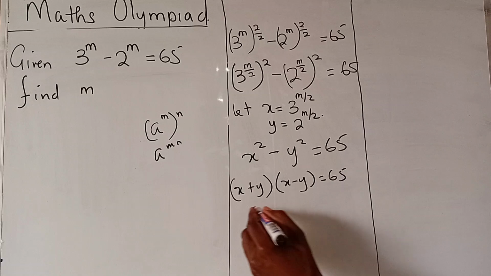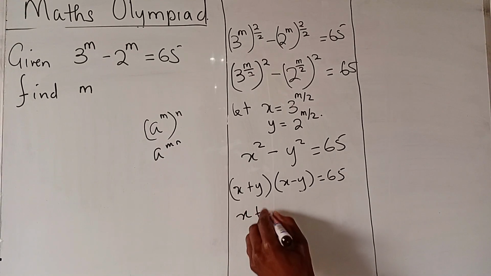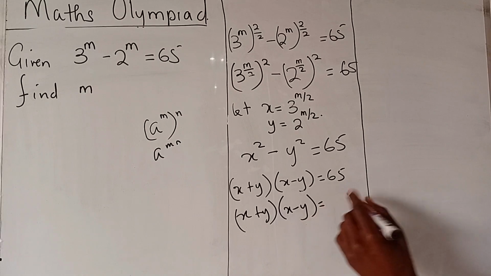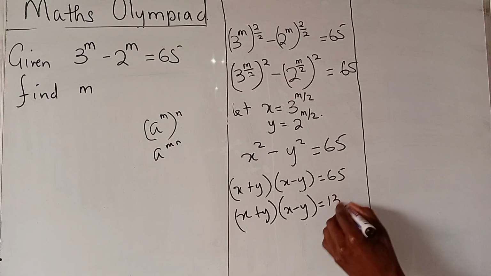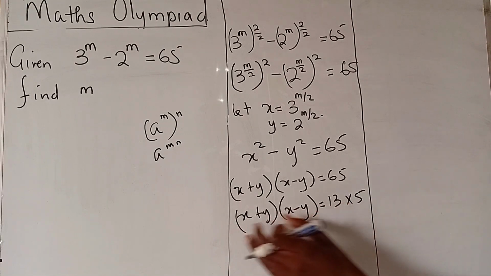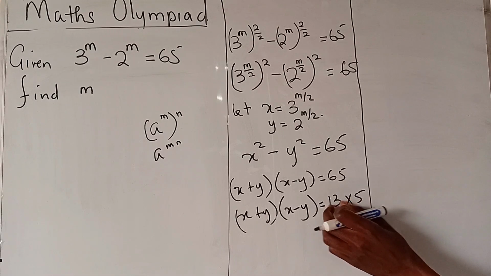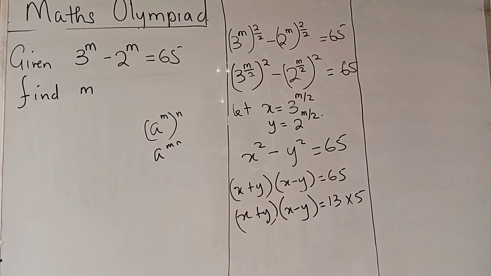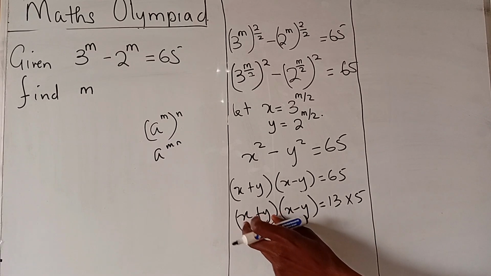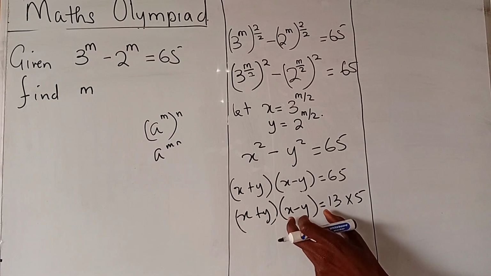So we are going to have x plus y, x minus y is equals to 65, which can be written as 13 multiplied by 5. In mathematics, once we have something like this, it means we can compare this bracket to what we have here. But obviously, since we have x plus y here, it automatically means that x plus y is going to be more than x minus y.